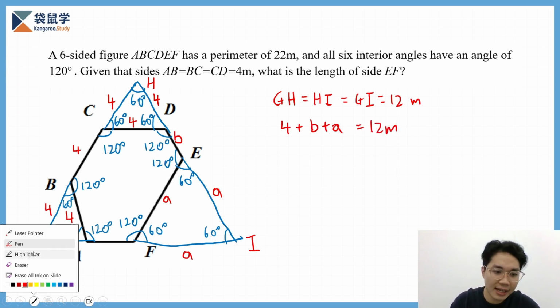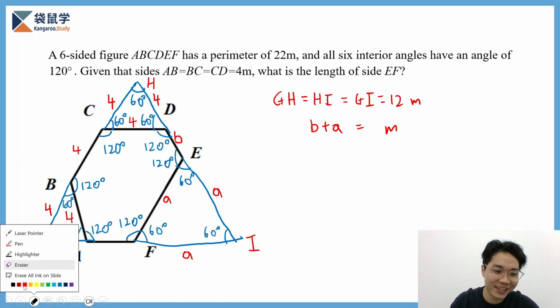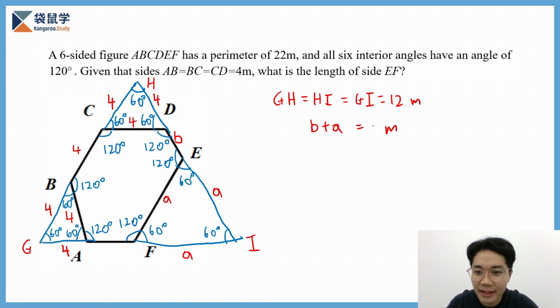And since I already have 4 here, and I have 12 here, I can find that B plus 8 will give me 8 meters, right? So B plus 8 gives me 8 meters. And what about the other side?